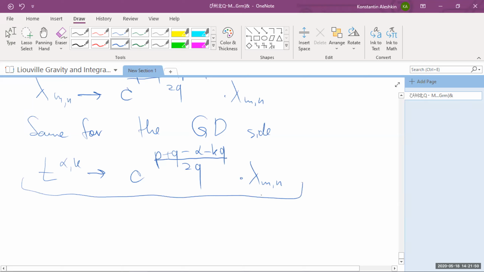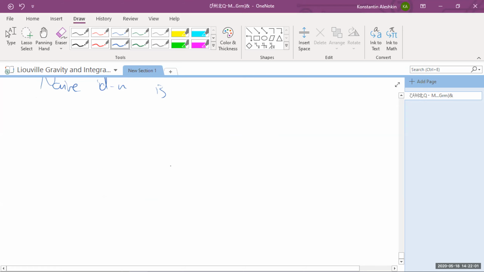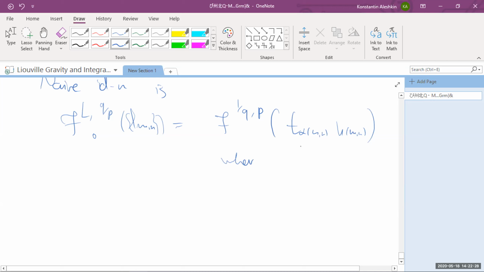So naive identification is just F Liouville Q over P of lambda mn is F 1 over QP of T alpha of mn K of mn, where this guy scales as lambda mn.